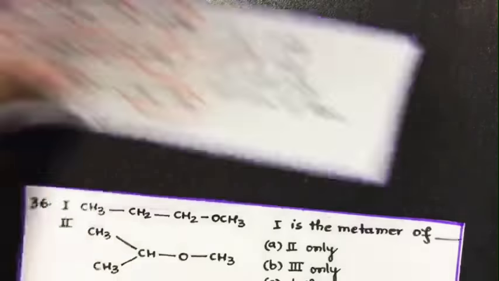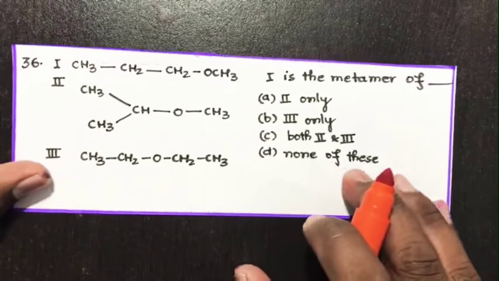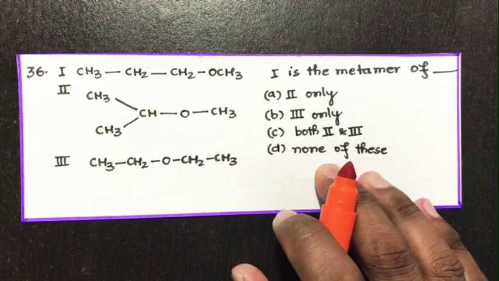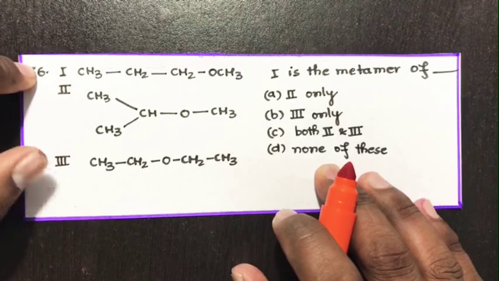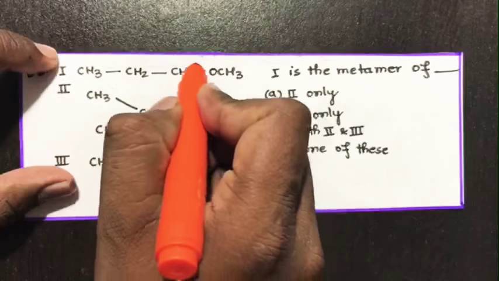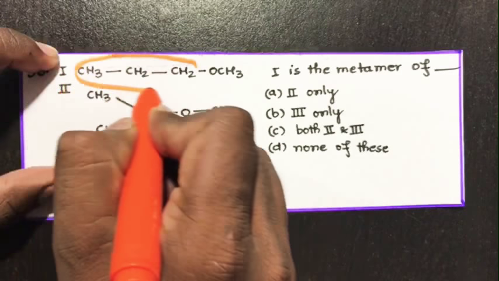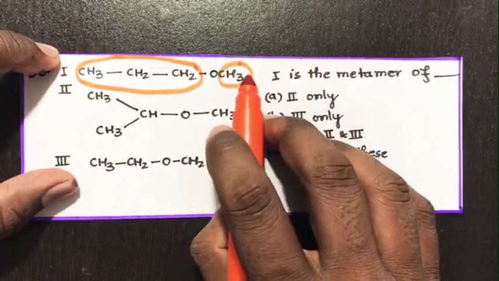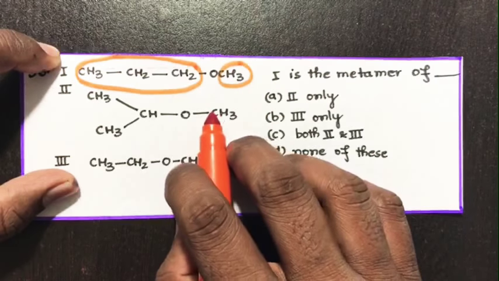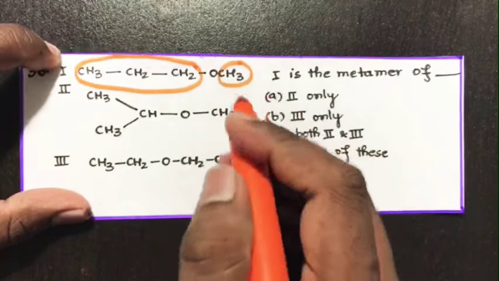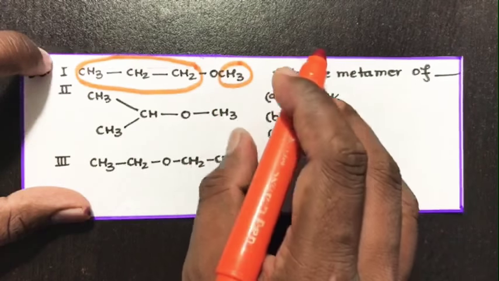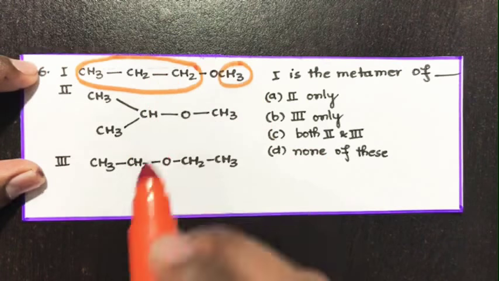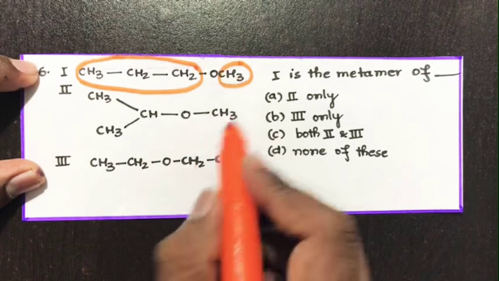Now coming to question number 36. Now in this case 1 is the metamer of, let's see 1. So it has methyl group on this side and propyl group on this side. Again, in the previous question we have seen that these 1 and 2 are positional isomers, so they will not be the metamers because methyl group is same on both sides.